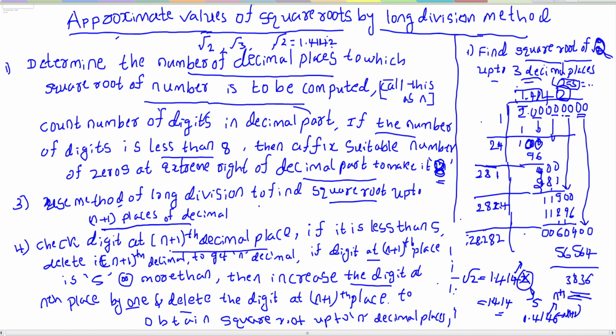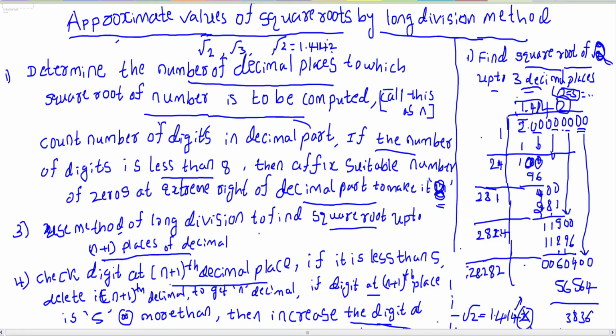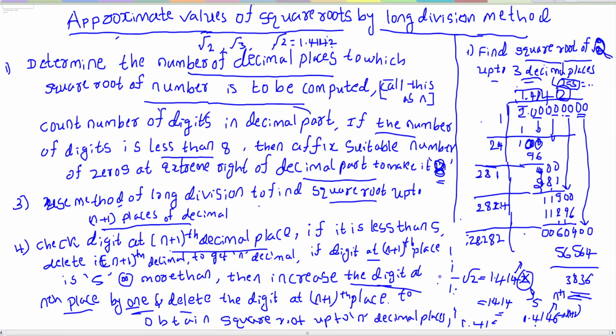Increase the nth digit by 1, so we make it 1.415. Like that. If it is 5 or more than 5, you do this. Like this, you can work out the decimal places.